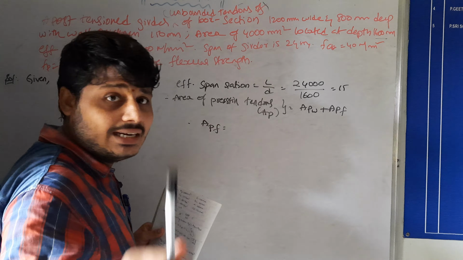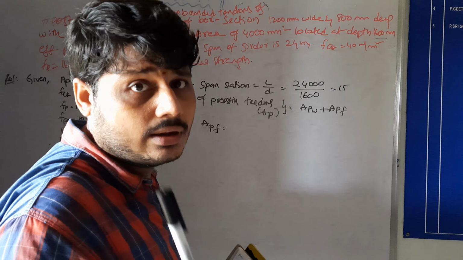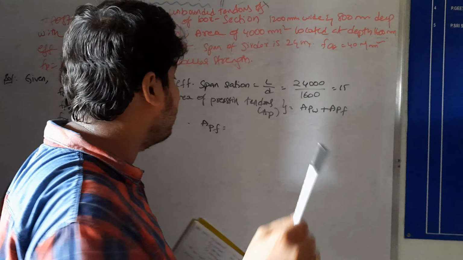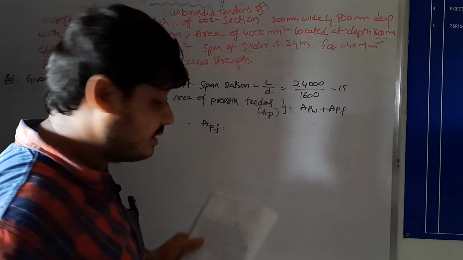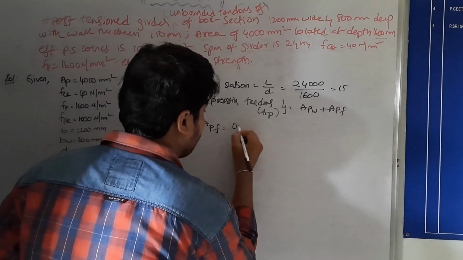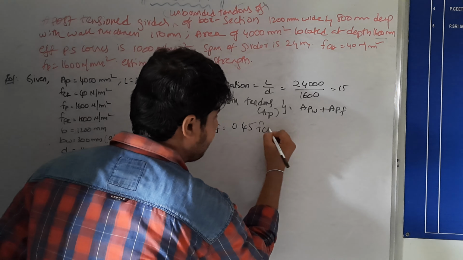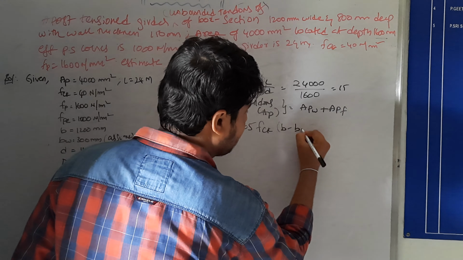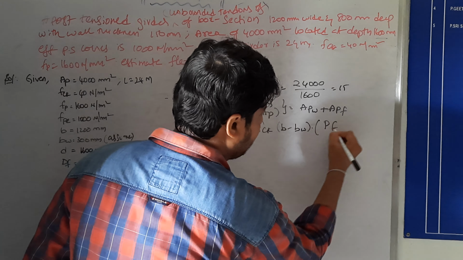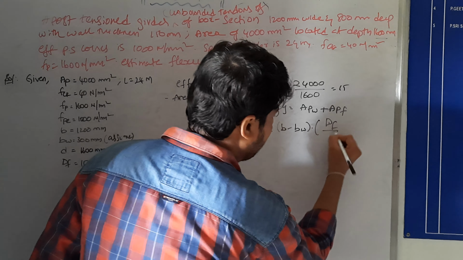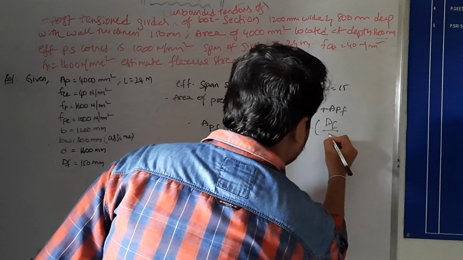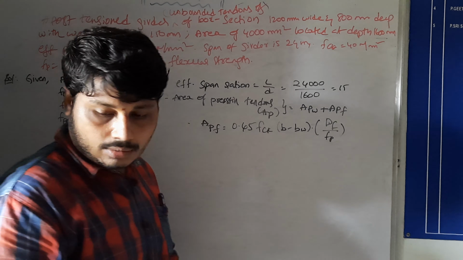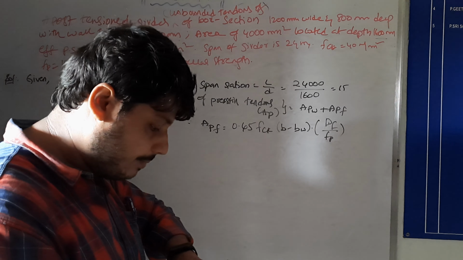Already we have done the steps for remembering the formulas. APF is equal to 0.45 FCK into B minus BW into DF by FP. So please remember the formula.